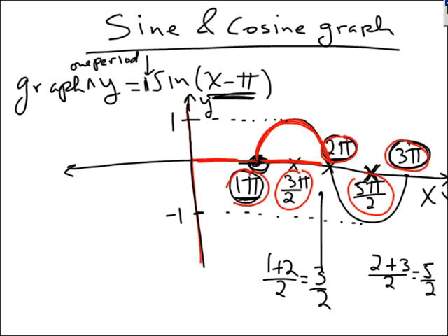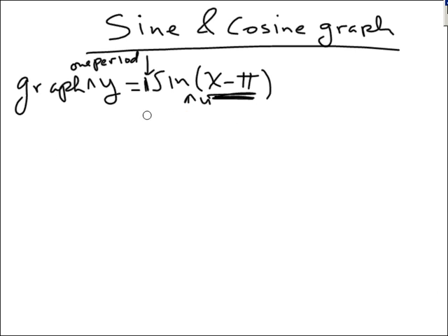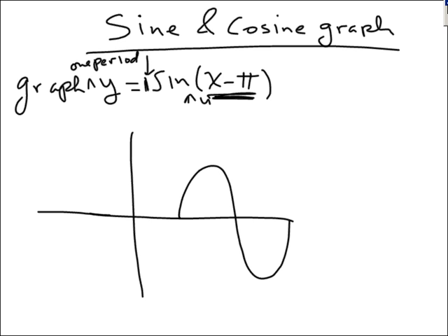What am I saying? So first, let me redraw this and then I'll say what I'm saying. Sine graphs and cosine graphs go left and right forever. They just go on and on. What we graphed was 1 period. And we did a fine job at it, and that's what counts.